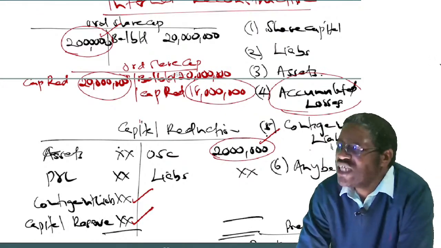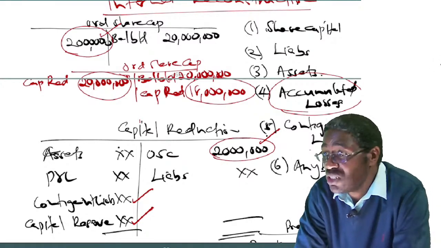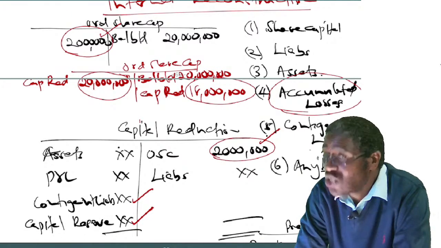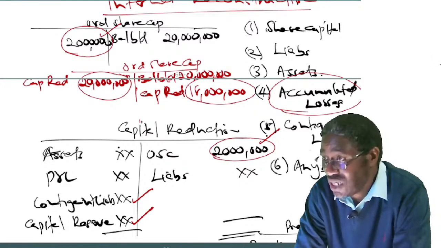So if they are willing to write off 2 million, as a company, we are reducing what we owe to them, the ordinary shareholders. So to us as a company, that's a gain. Good. That was number 1.